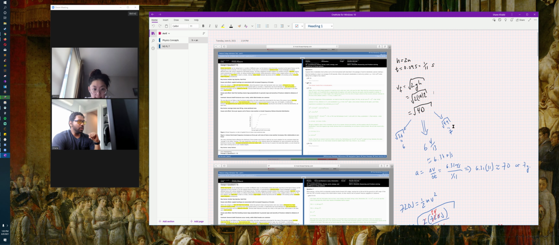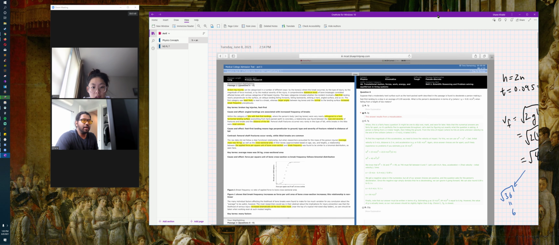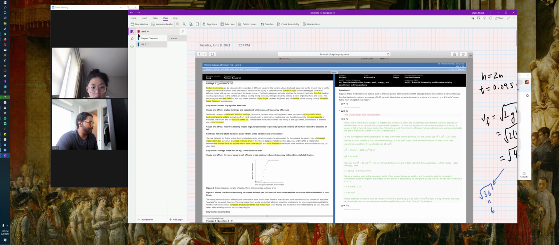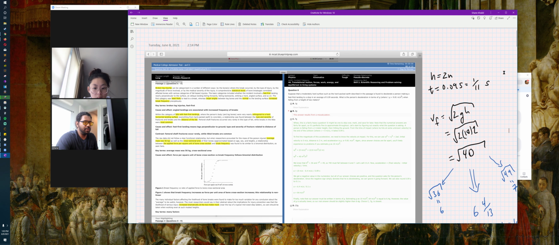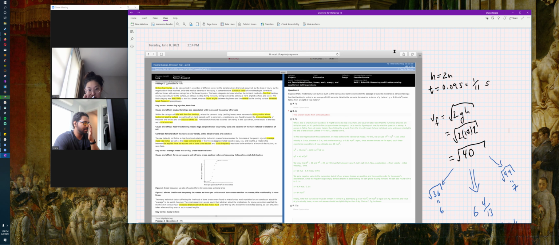So the first one, or rather, question six. A lot of times they're going to tell you to do some kinematics stuff, but a lot of times you can answer those questions using conservation of energy.